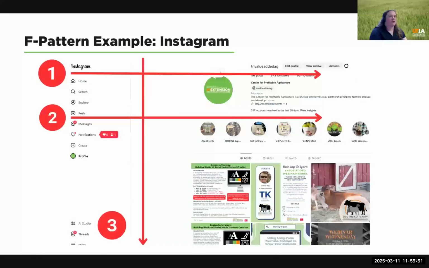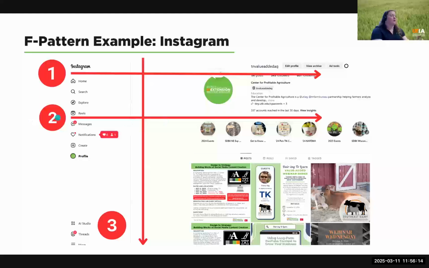And the next one is eye tracking for Instagram. So this is sort of an F pattern example. Maybe not the best example in the world, but it's a screenshot from Instagram on a desktop computer, and you can see we'd start here at the top of the page and go from left to right.